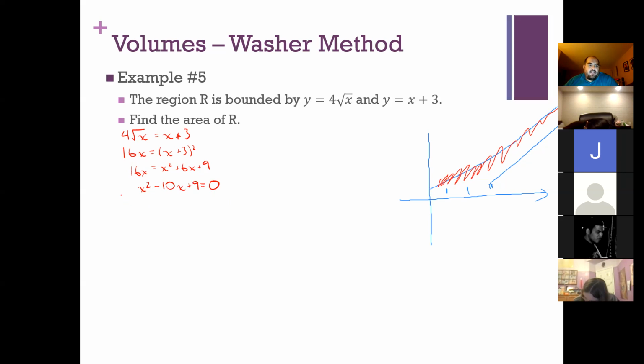And I believe that factors like this: x minus 1, x minus 9 equals 0. So our bounds are going to be x equals 1 and 9.